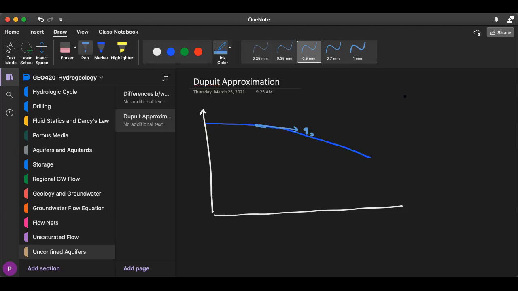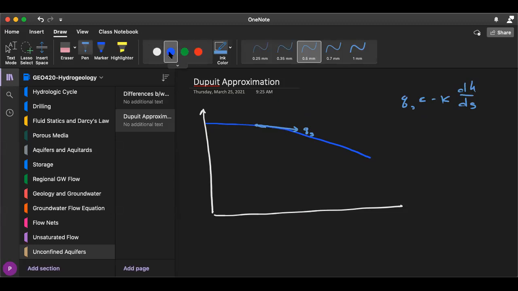And Darcy's law for this would say Q sub S is equal to negative K dH ds, where ds is the direction of flow along this vector here.